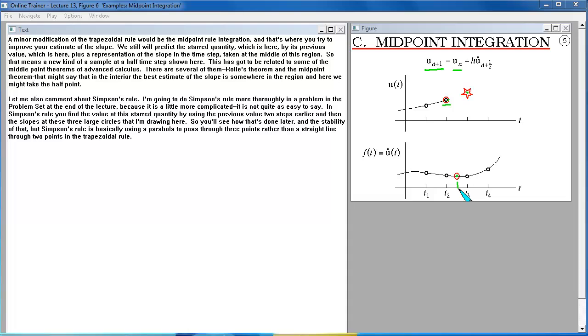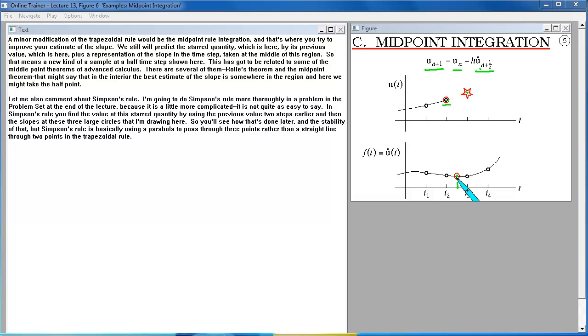So that means a new kind of sample at a half time step shown here. This has got to be related to some of the middle point theorems out of advanced calculus. There's several of those, Rolle's theorem and the midpoint theorem, that say that in the interior of the region you have the best estimate of the slope of the region somewhere in there, and here we take the half point.